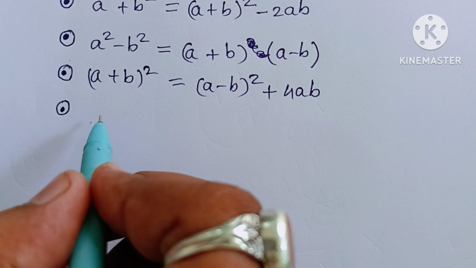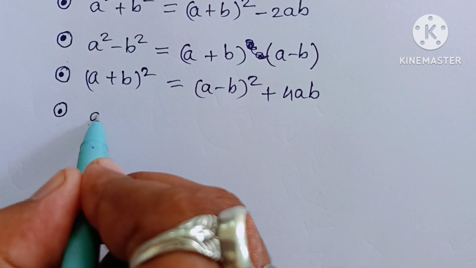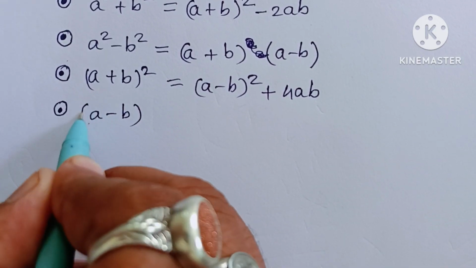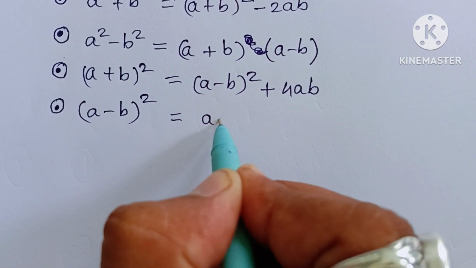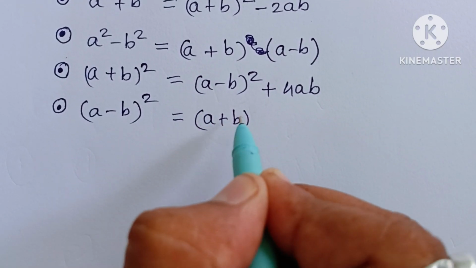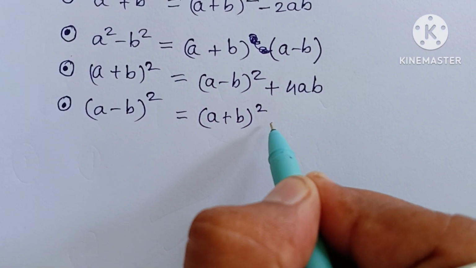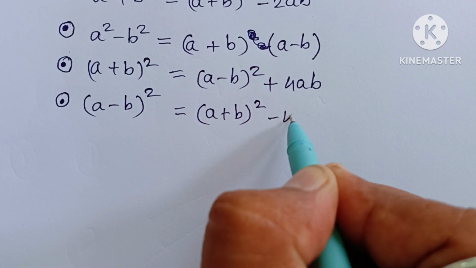Now (a minus b) whole square equals (a plus b) whole square minus 4ab.